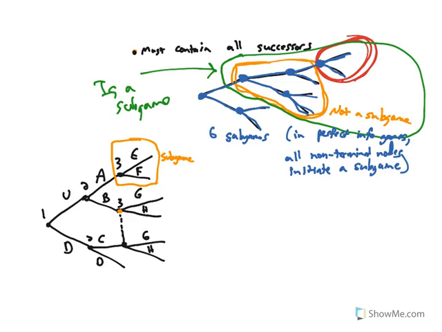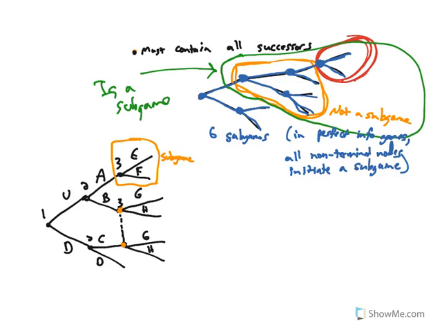Absolutely not, because it is not in its own information set. There's another node in it, so immediately we rule it out, because it has nodes that are not successor nodes. It contains information sets that are not all successor nodes. So this is a node that's in the same information set that is not contained in successors to that initial node, okay?